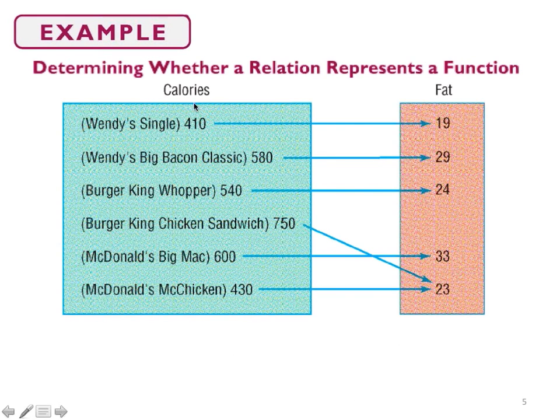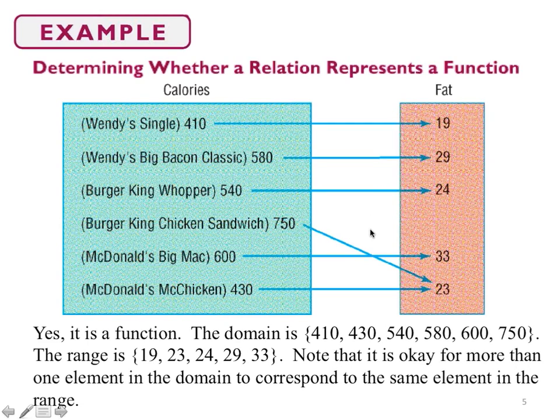This one right here, we have various calories for, it looks like, different types of fast food sandwiches. And then we have the grams of fat. This one is also a function. One thing you'll notice that's slightly different is that the Burger King chicken sandwich and the McDonald's McChicken both go to 23 grams of fat. That is okay.